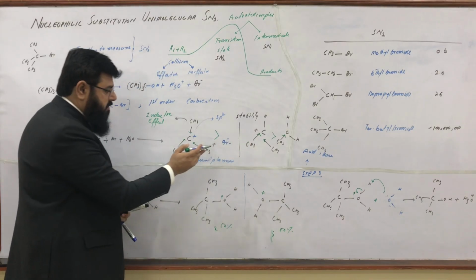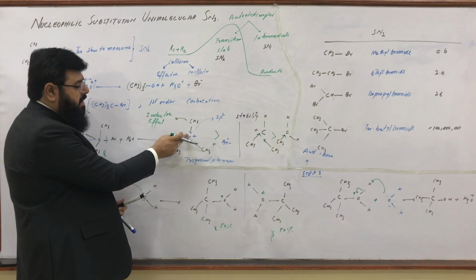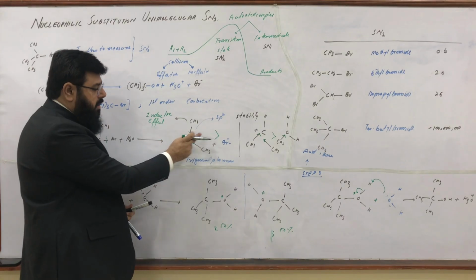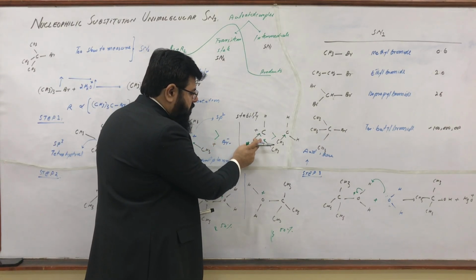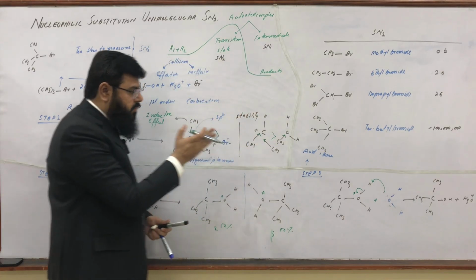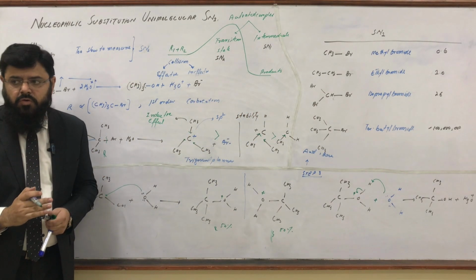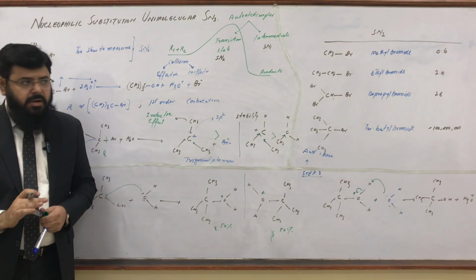The reason behind this is that in a tertiary carbocation there are three methyl groups which donate electron density to the carbocation. In a secondary carbocation there are two methyl groups, and in a primary carbocation there is only one methyl group. The stability of a carbocation depends upon the number of methyl groups connected to that particular carbon atom.